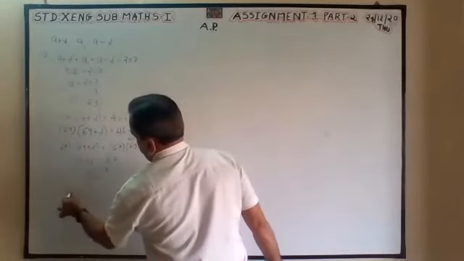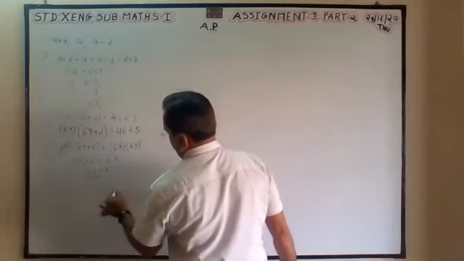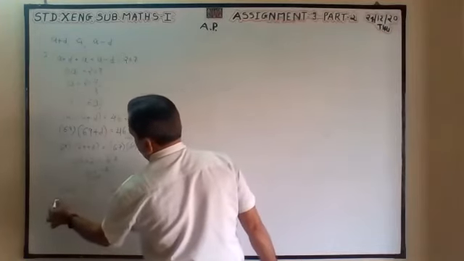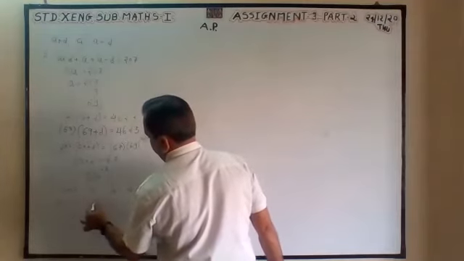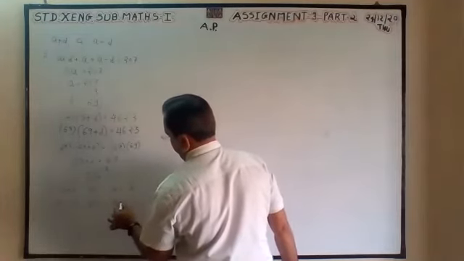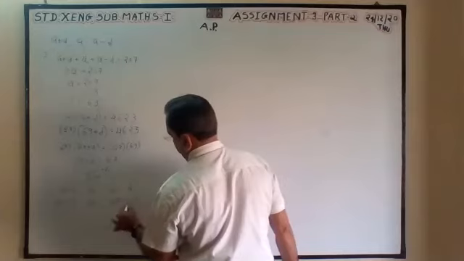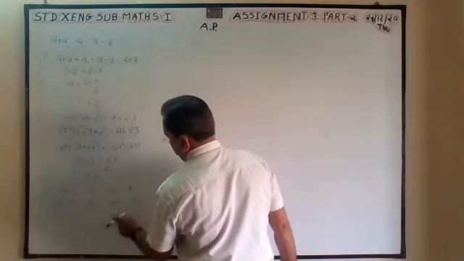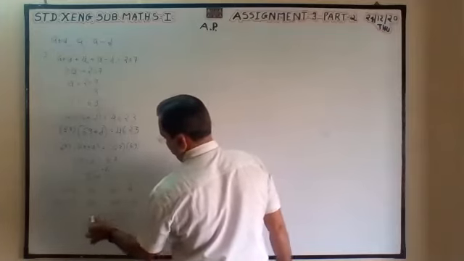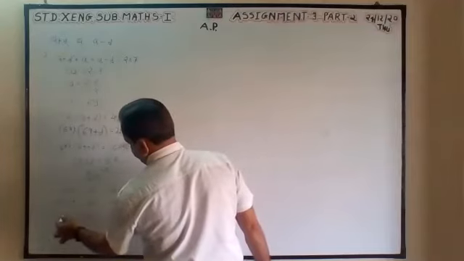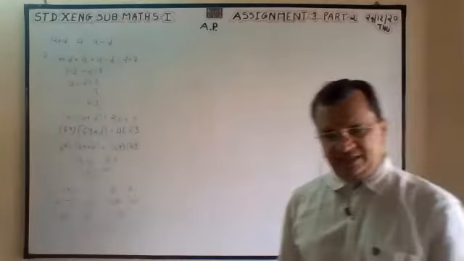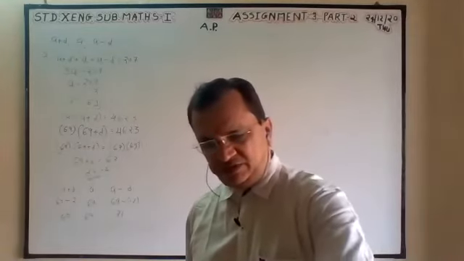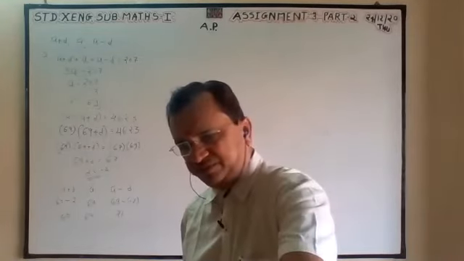So A minus D, A, A plus D: 69 minus 2, 69, 69 plus 2. So 71, 69, 67. The three numbers in the sequence are 67, 69, 71.